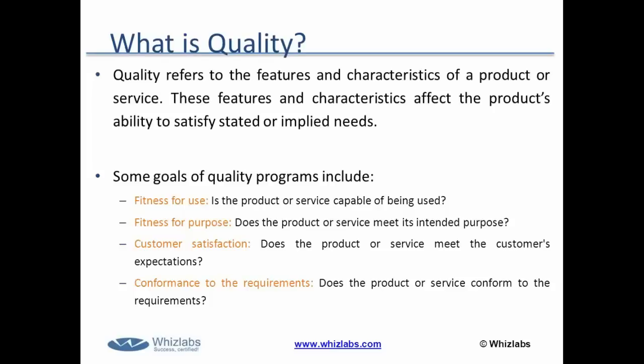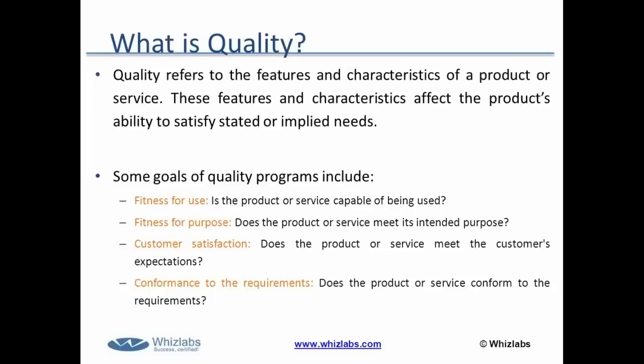What does fitness for purpose mean? Suppose during the product design and requirement collection phase, I have set a feature saying that it should be accessible from 20 meters. That is my purpose, that I want to access a wireless service at a range of 20 meters.